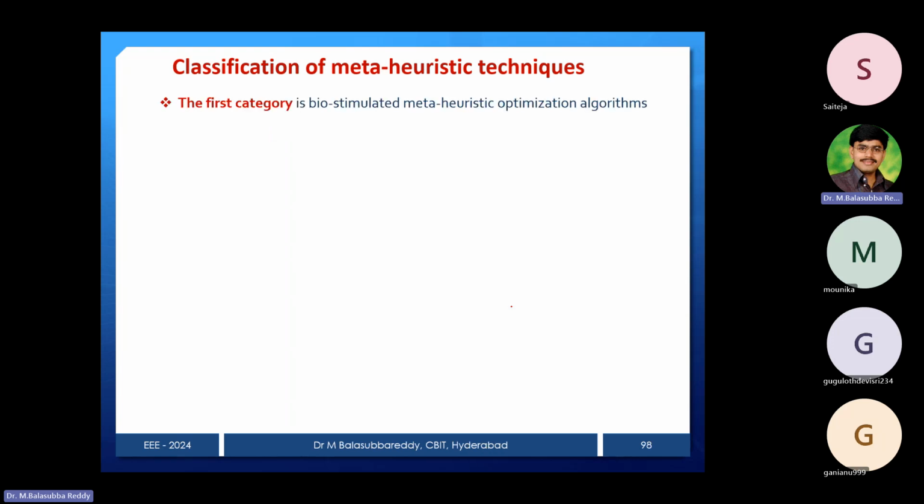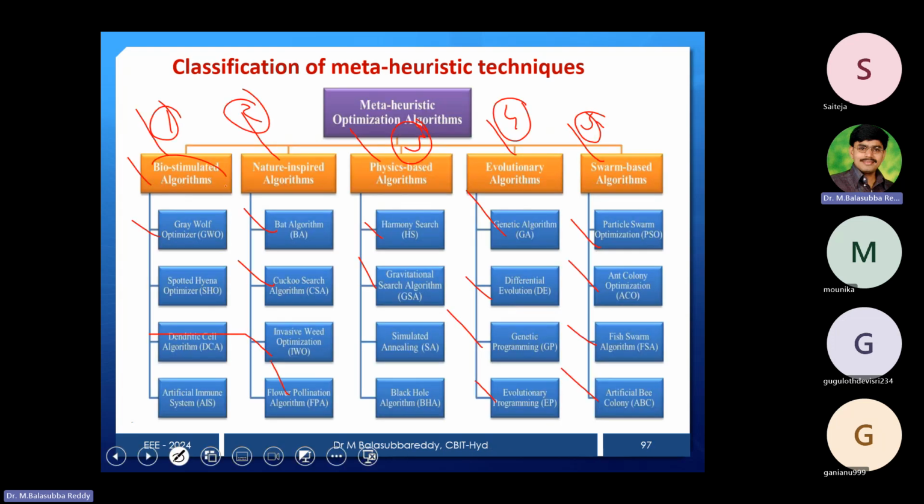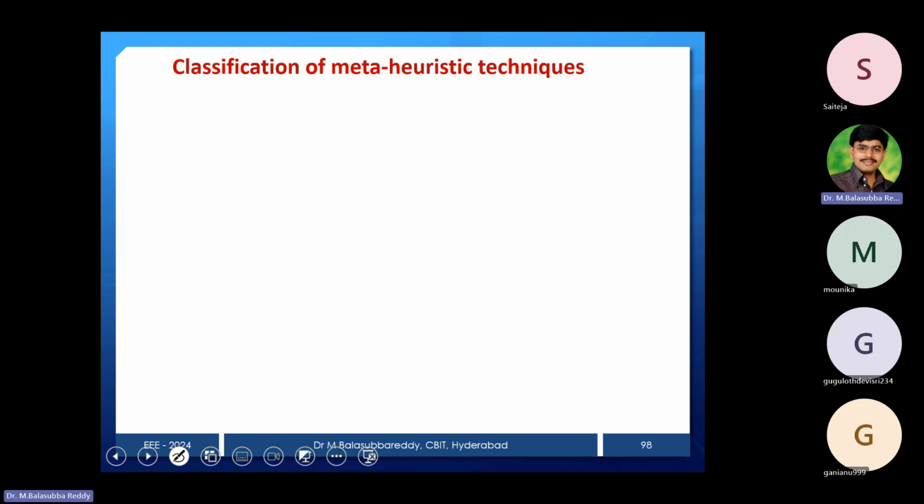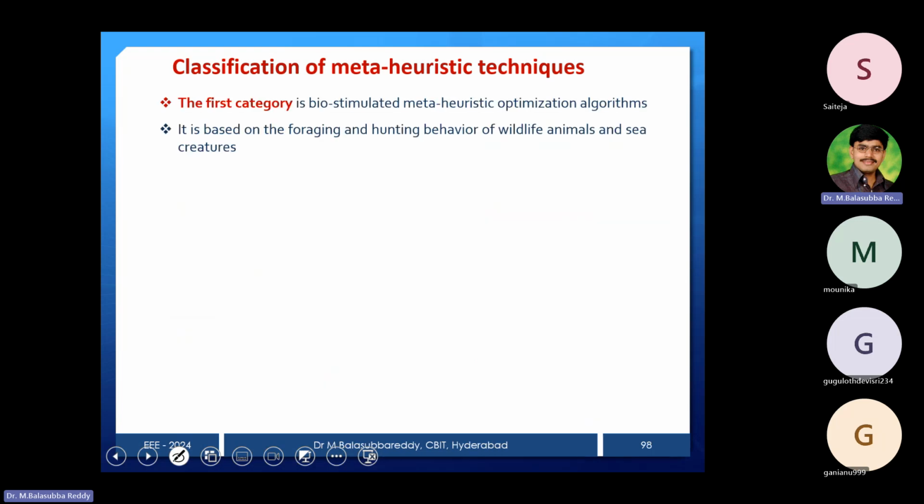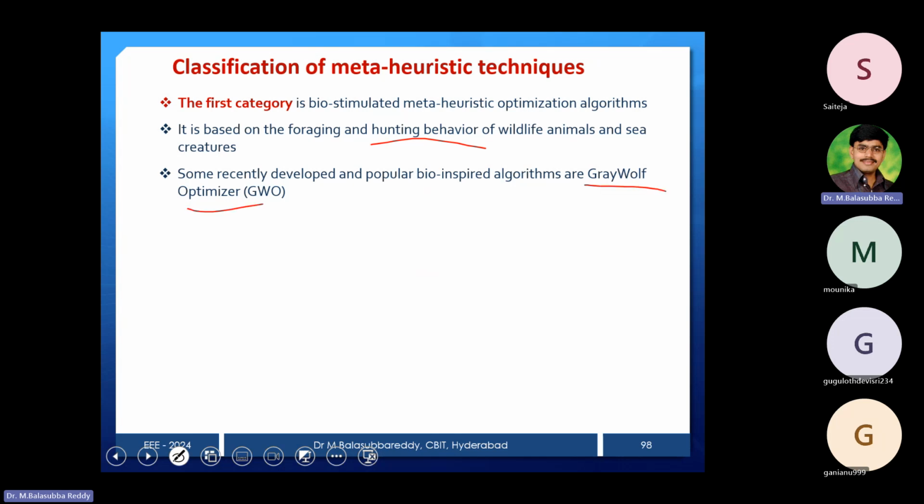Now you can see the first category is the bio-inspired metaheuristic optimization algorithm. So that is the bio-inspired algorithms. We can see here it is based on foraging or hunting, normally the hunting behavior of wildlife animals and sea creatures. And a recent development in population-inspired algorithms is the gray wolf optimization algorithm.